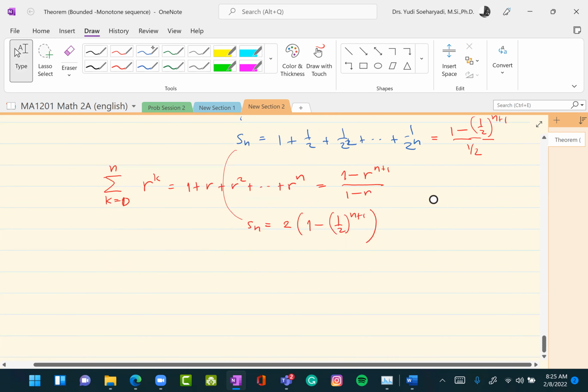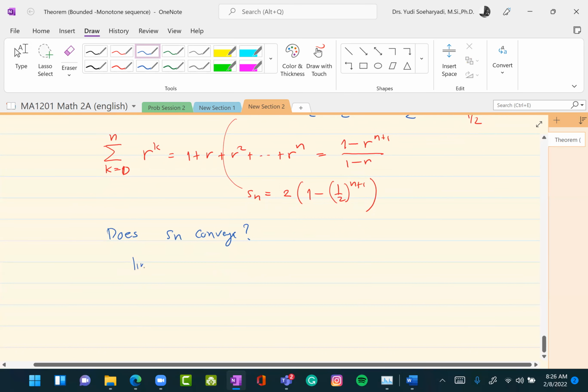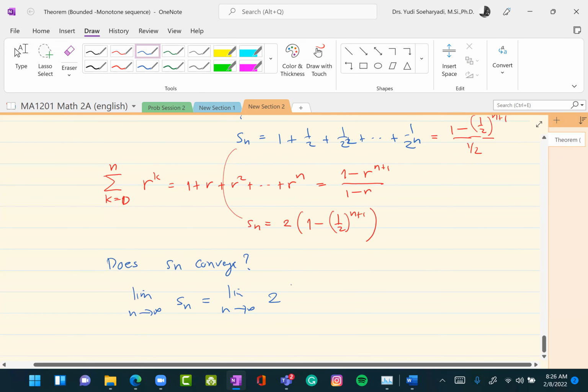And we can compute that. So how does Sn converge? All right, let's compute the limit as n goes to infinity of Sn, which is the limit of 2 times 1 minus 1 half to the power n plus 1.